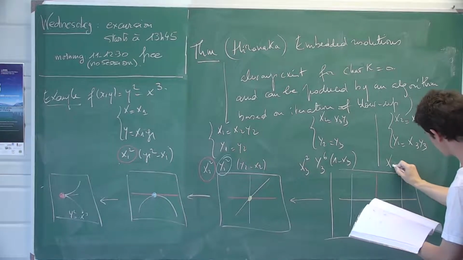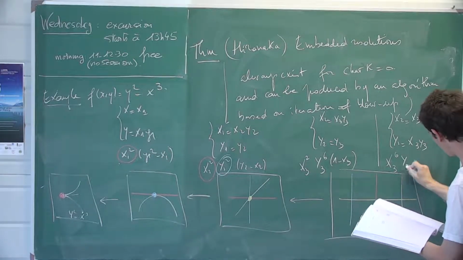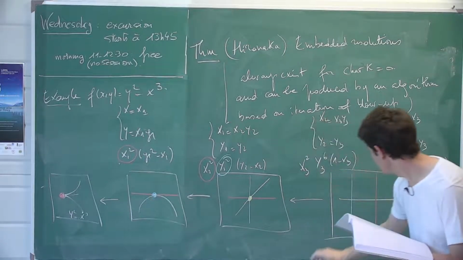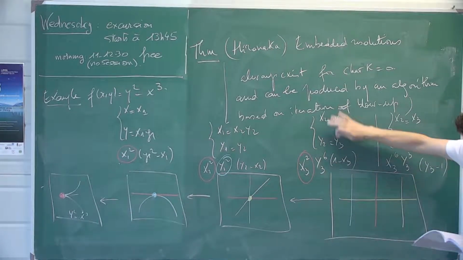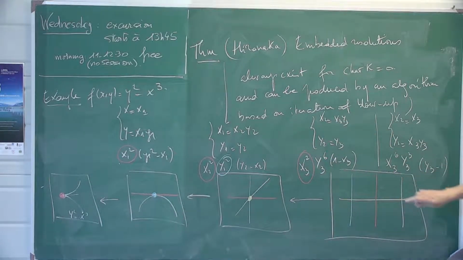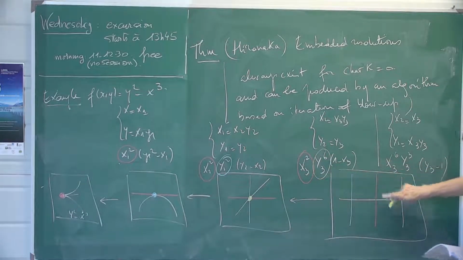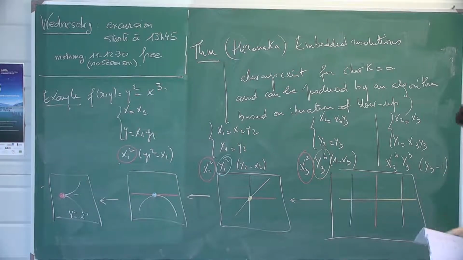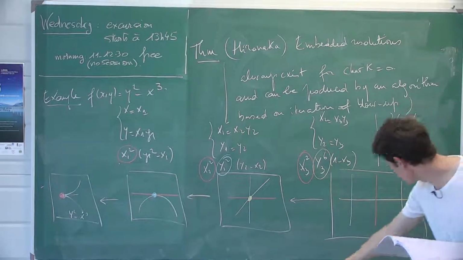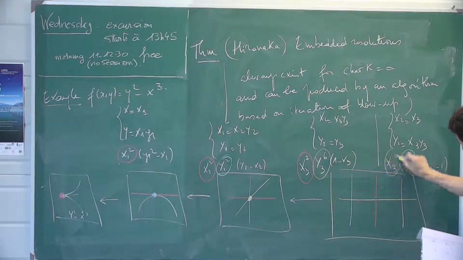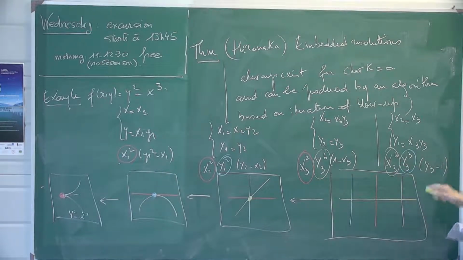I have x3 to the 6, y3 cubed, y3 minus 1. Again, in that chart, I see the red, the yellow, and the white. In the other chart, I don't see the red, I only see the blue, which is given by this equation, the white, and the yellow. Okay. So this is important.